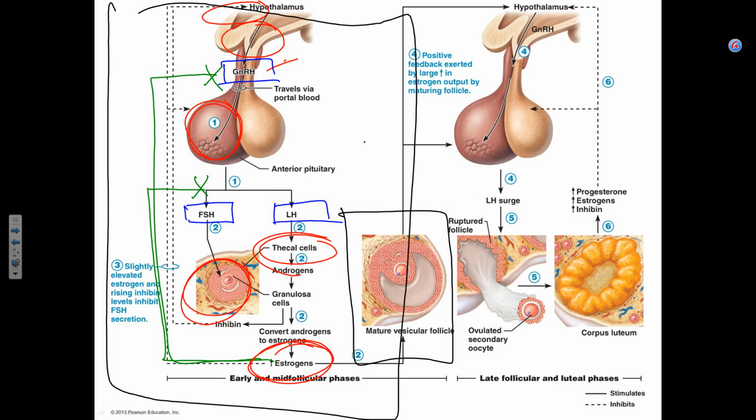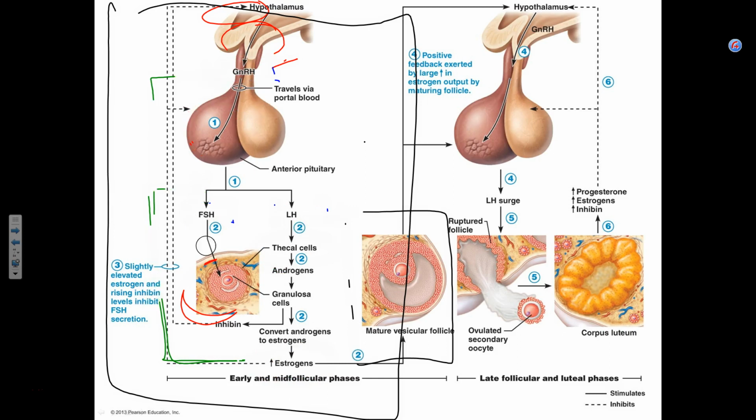It's a bit convoluted, but can you tell me what kind of loop do estrogen and LH establish? Positive or negative feedback? Negative.